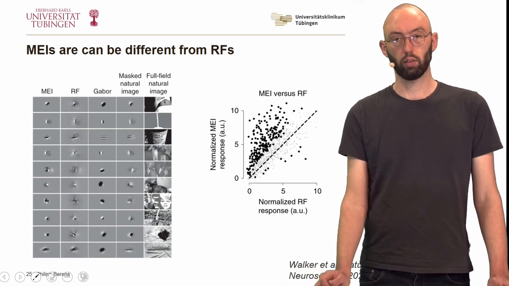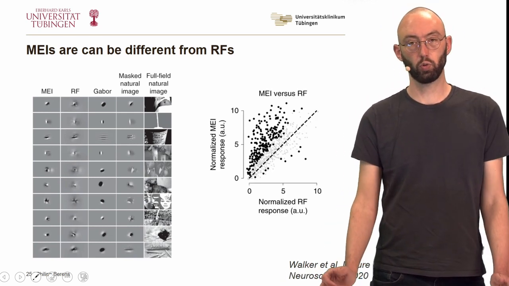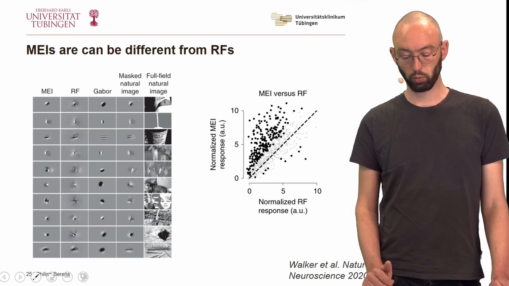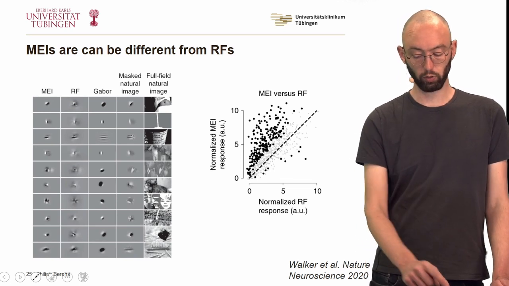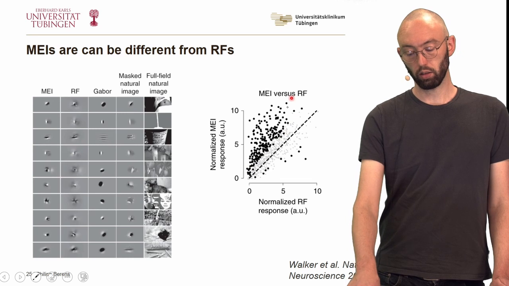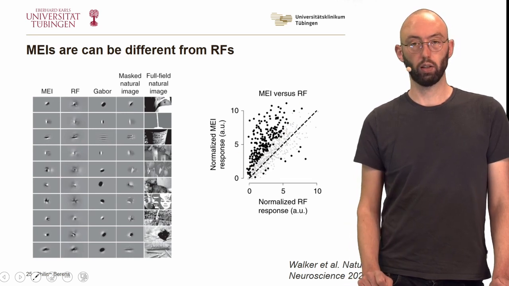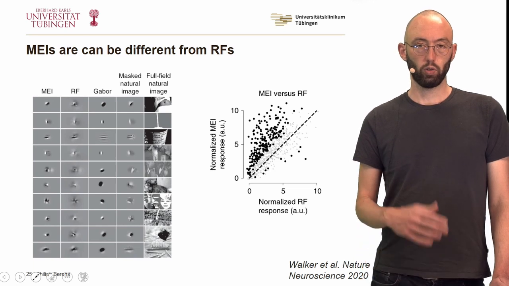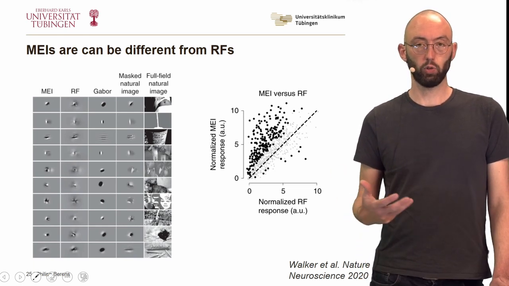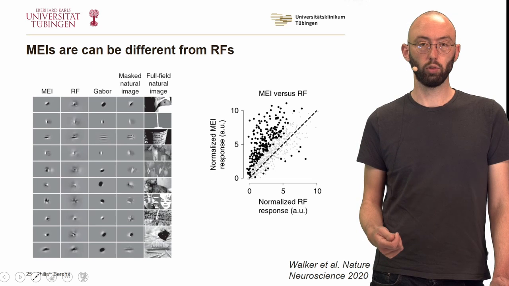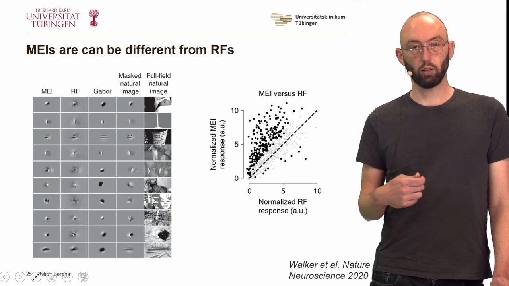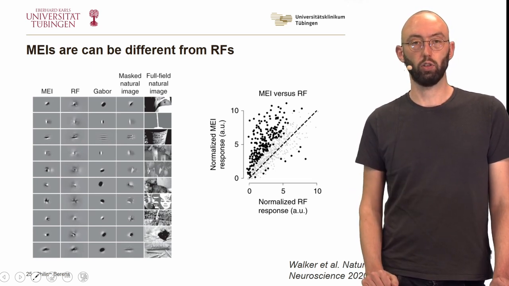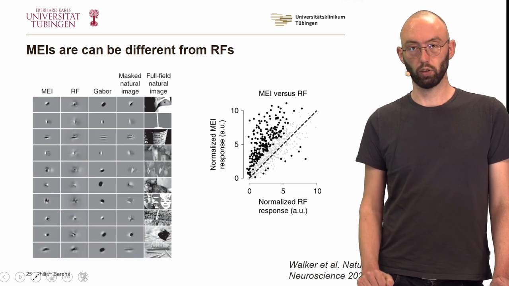And if we look at the response of neurons to the MEI or to control stimuli, for example, the linear receptive field, then typically the response to the MEI is much higher. So through the nonlinear deep neural network, it was possible to find images that are actually better at exciting a neuron than the linear receptive field.